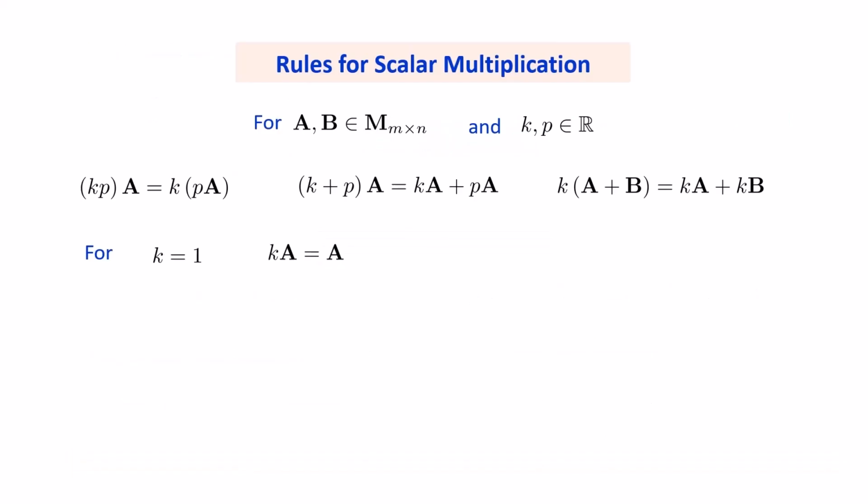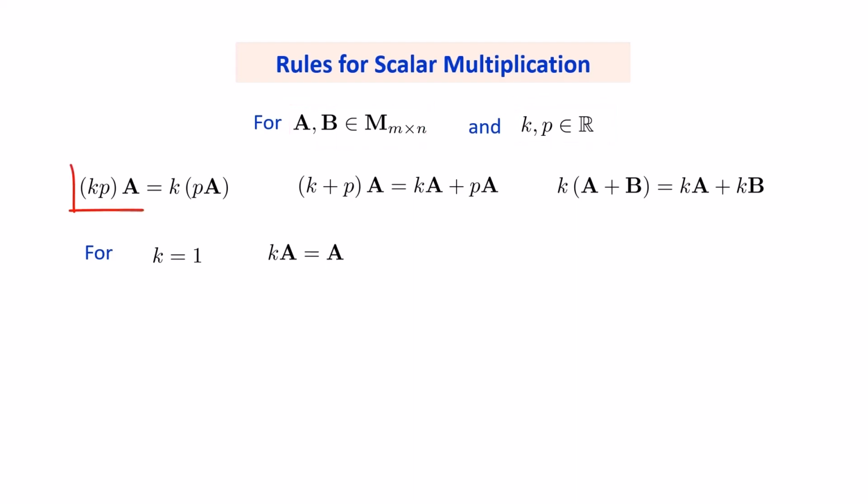Just like what we did for addition, let us list the rules for scalar multiplication. Consider two m by n matrices A and B and two scalars K and P, which are real numbers. The rules of multiplication are as follows.